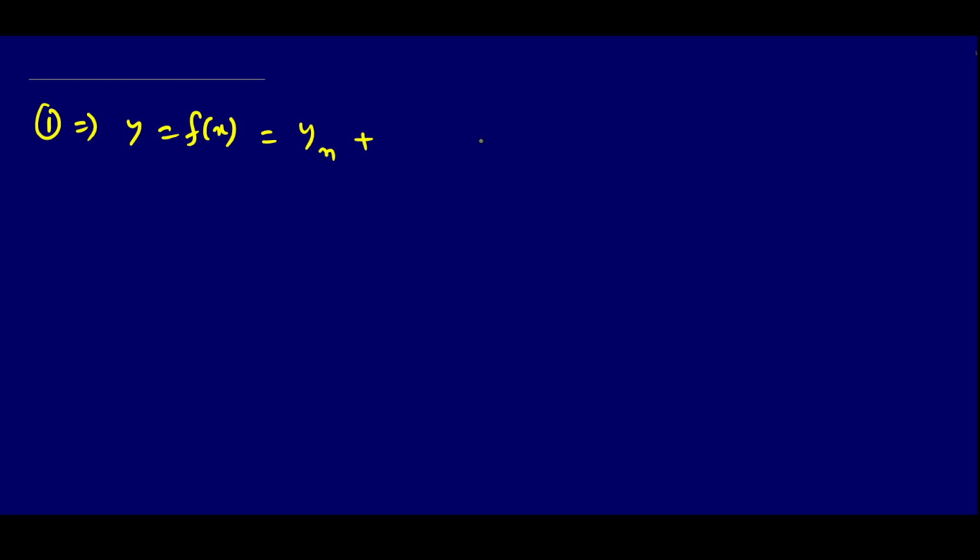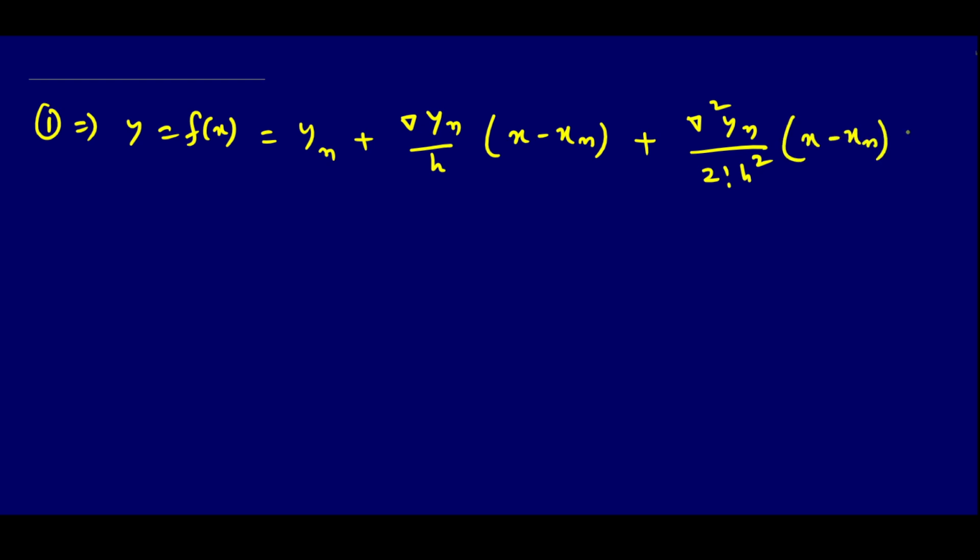Our second term will be a1. A1 is how much? Nabla yn by h. And then with this what we have? X minus xn. Then third one is a2. Our a2 is nabla square yn by 2 factorial h square. Then with this we have x minus xn and then x minus xn minus 1.